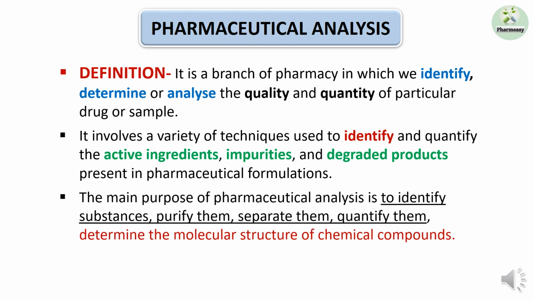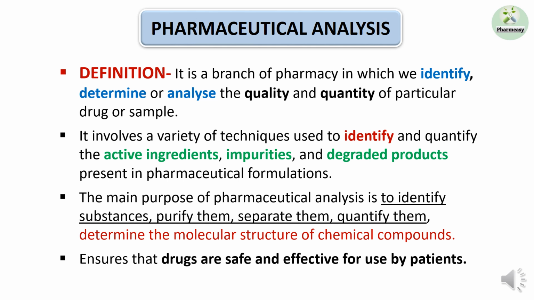And the main purpose of pharmaceutical analysis is to identify substances, purify them, separate and quantify them, and also determine the molecular structure of chemical compounds. It also ensures that drugs are safe and effective for use by the patients.